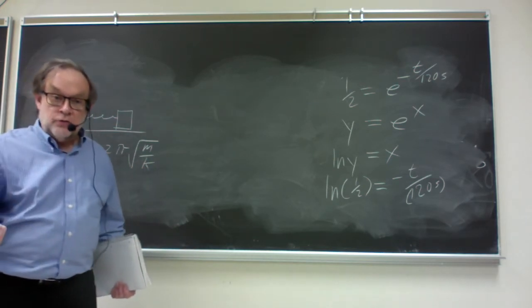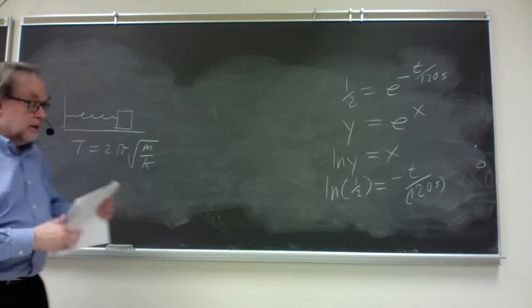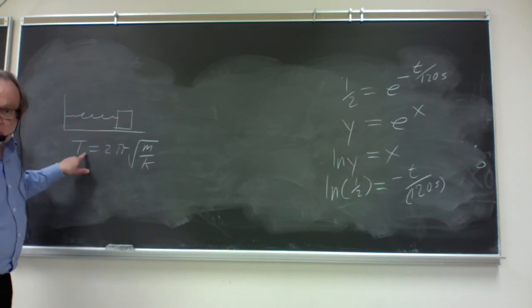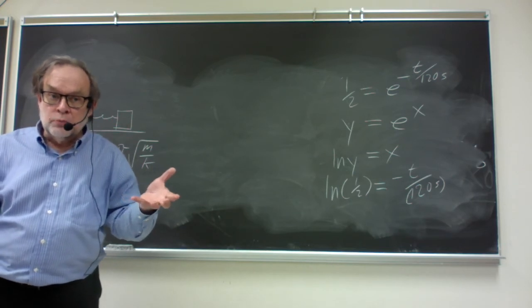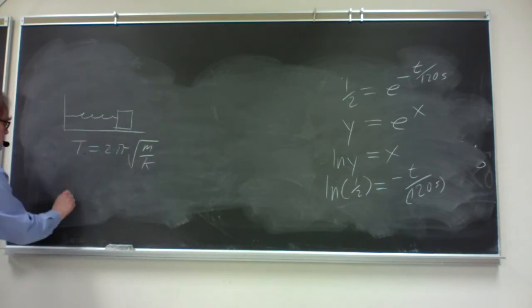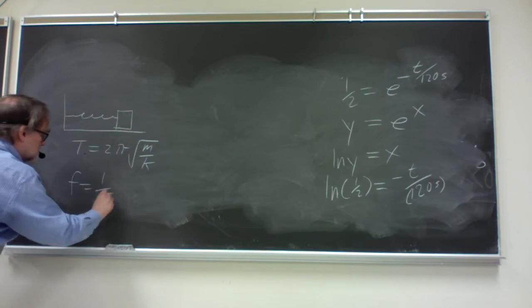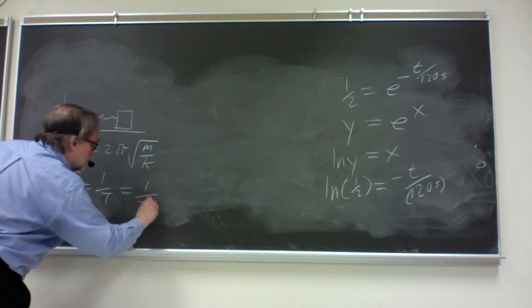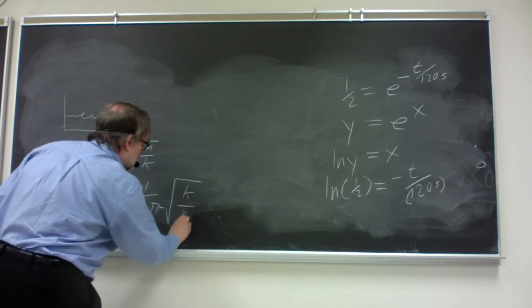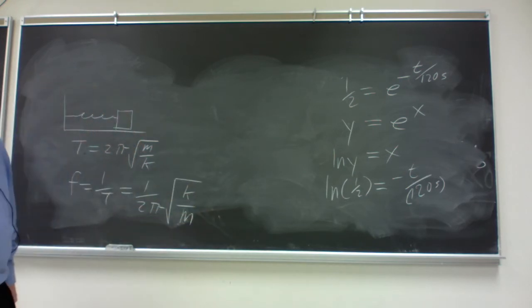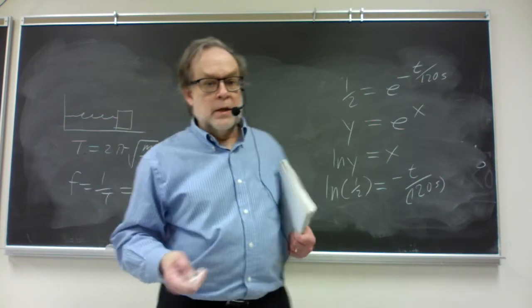Frequency is just the inverse of the period. This is seconds per cycle, and frequency is the number of cycles you get per second. So that's 1 over 2 pi times square root of k over m, just the inverse of our period equation.